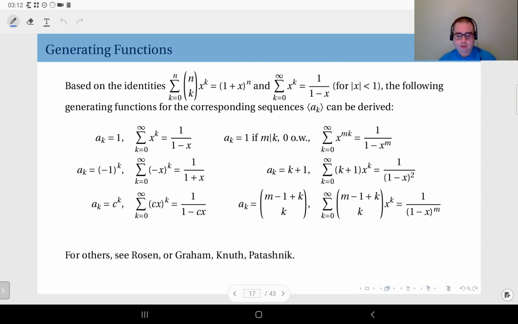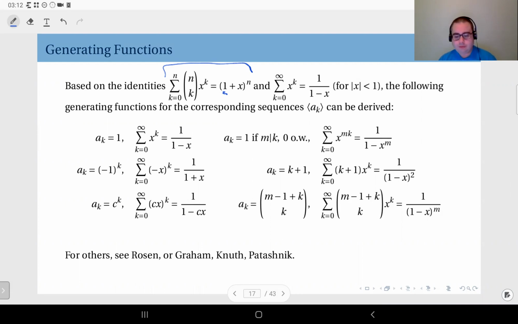One of them is the binomial theorem, this expression here. Of course, here 1 can be replaced with any other variable like y or some other value, but this is the most useful expression that we make use of in generating functions.